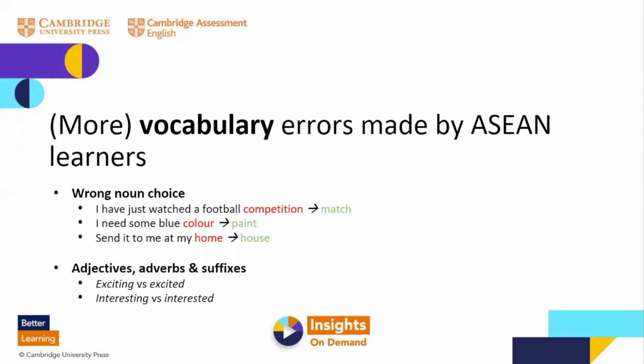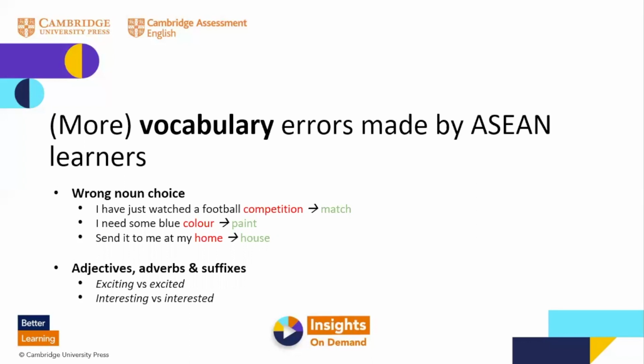Some more, as well as wrong verb choice, we see a lot of confusion between nouns. And this may relate to differences between the way languages partition meanings into words. What we mean there is it's more related to first language interference than just memorizing vocabulary. Of course, it also may have to do with just the complexity of English, in that it has words with subtle meaning differences.